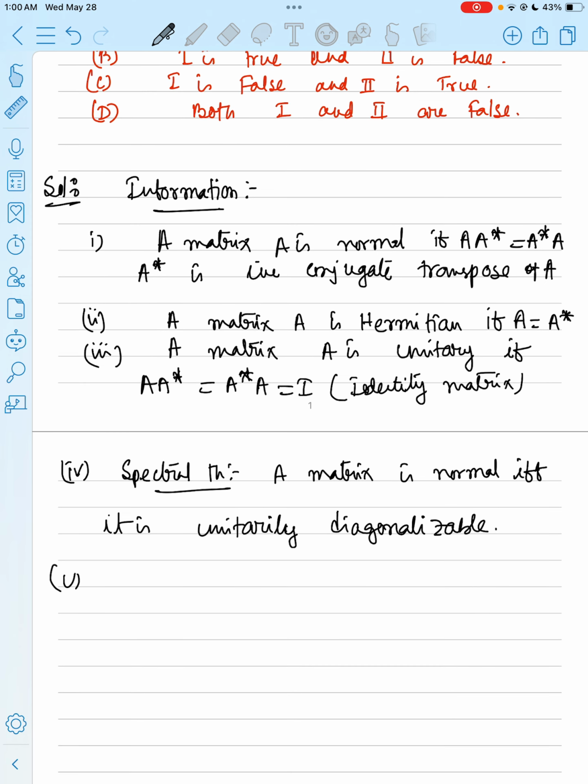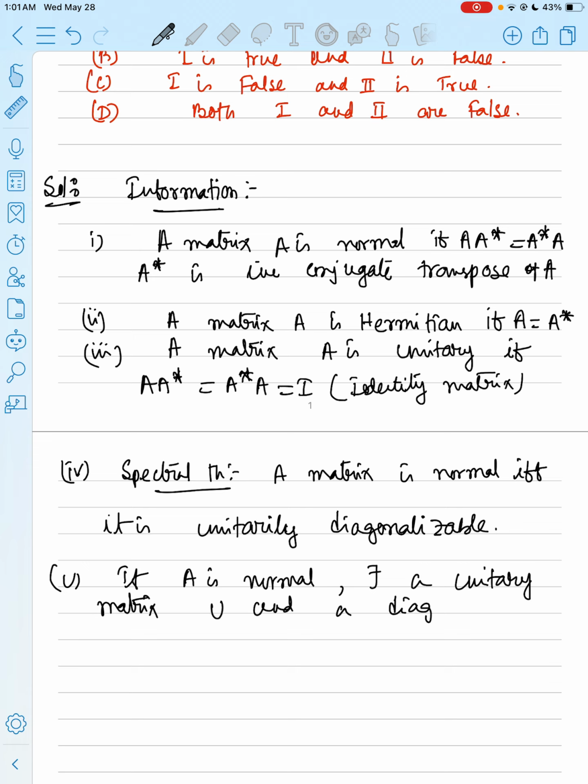And one more piece of information I'm going to use: if A is normal, then there exists a unitary matrix U and a diagonal matrix D such that A equals U D U star.